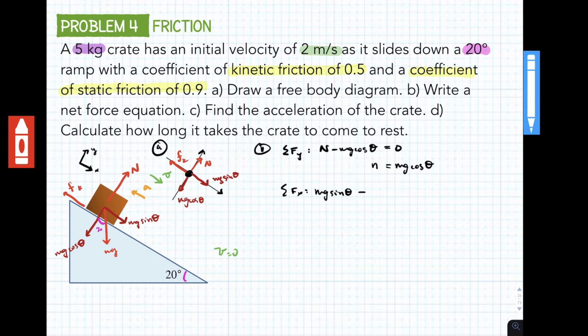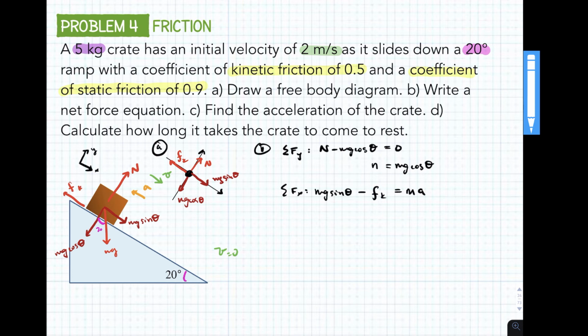And then minus frictional kinetic is equal to mass times acceleration in the x direction, but that's the only acceleration. We know it's going to be negative, but our answer should be negative when we plug in our numbers. We don't have to do the negative sign now. Just keep track of it at the end before we plug it into kinematics. We should get a negative value.